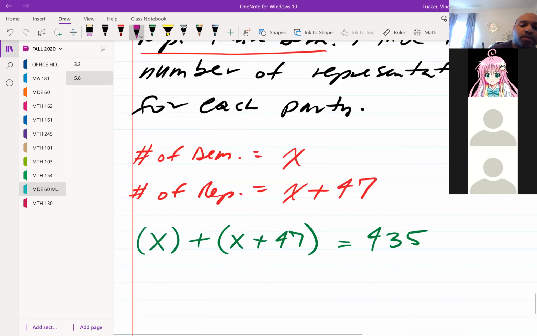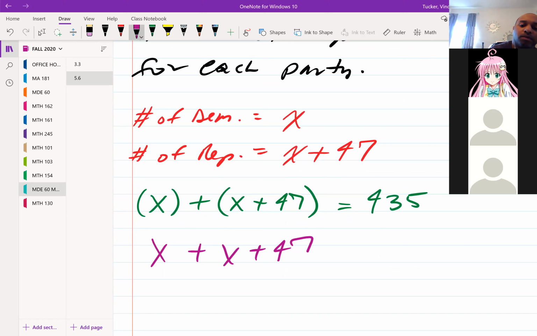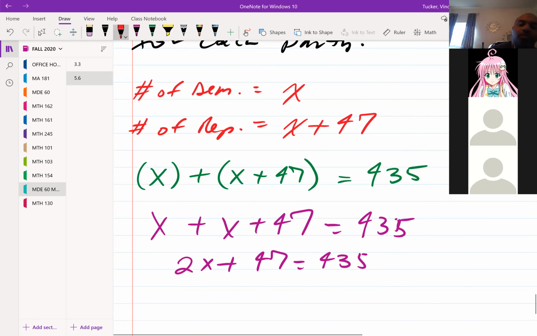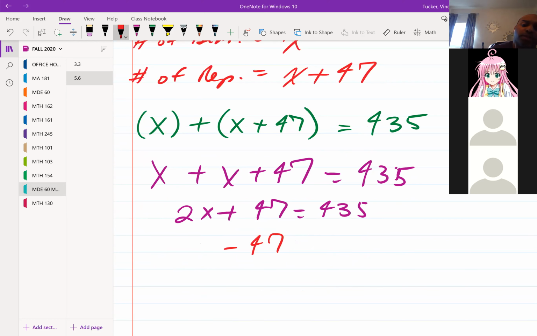All right, so go ahead and solve it. Go ahead and add our like terms. X and X is 2X. Subtract 47. That gives 388.